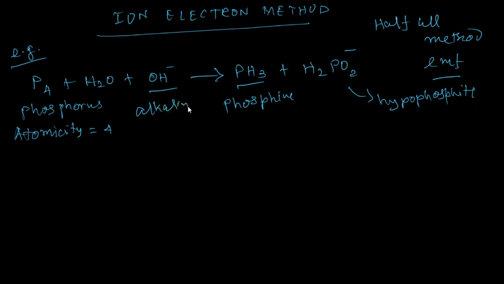the oxidation number. Before that, OH minus means an alkaline medium, so we need not include that in the reaction. Finally, we'll add it while adding the OH minus. So now let's find the oxidation state of each element. P4: the oxidation state for P4 is 0.